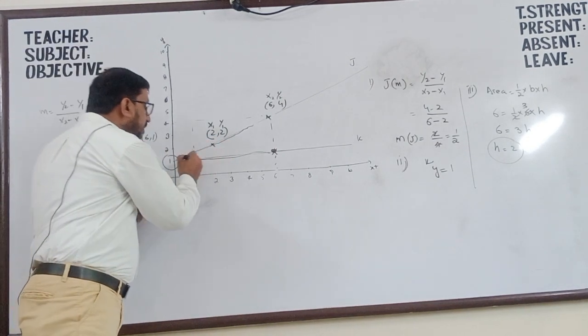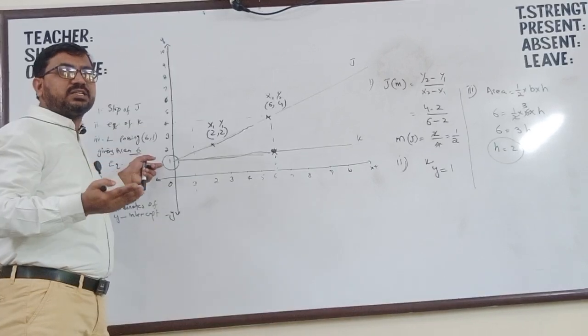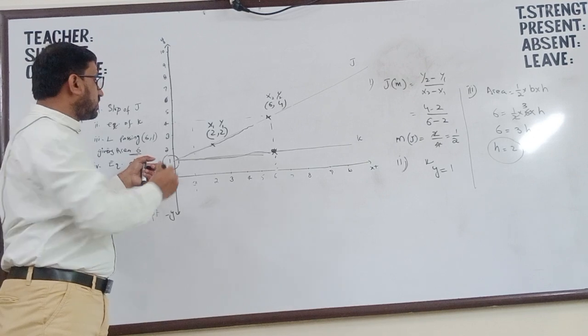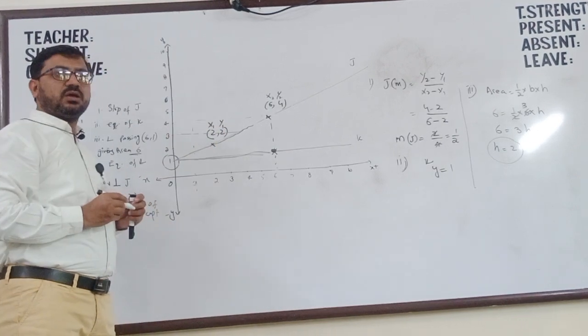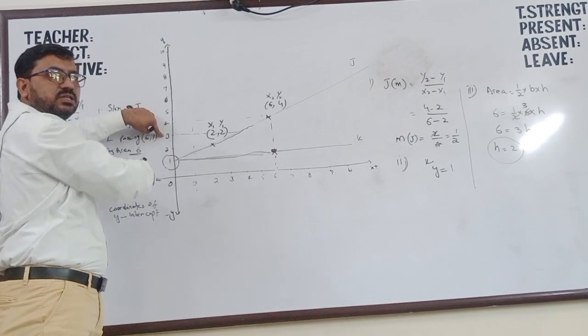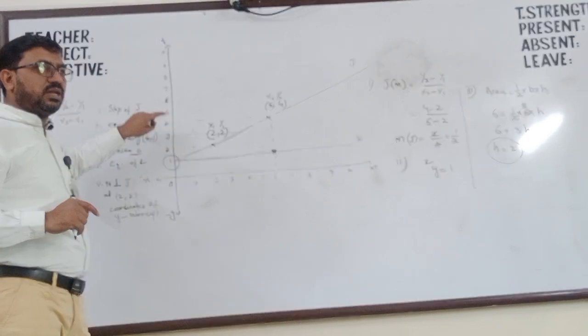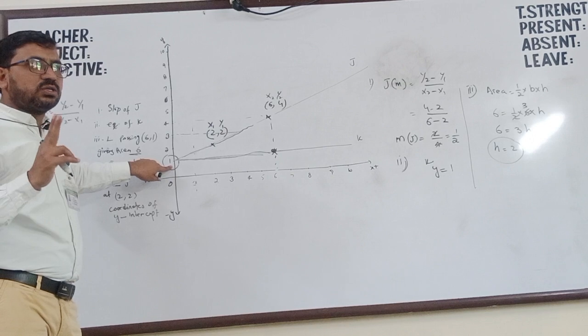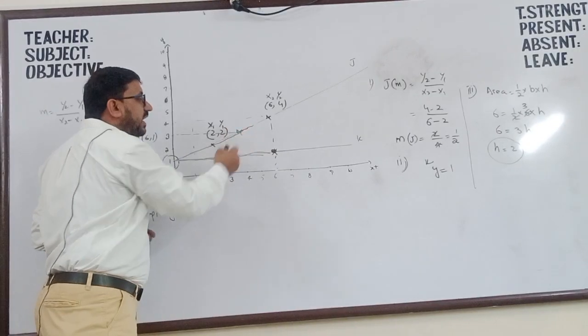As the base is starting from y = 1, if you want height as 2, from which point must it be crossed? It must be crossed from y = 3. Starting from 1, ending at 3, what is the height? 3 minus 1 is equal to 2. So I'm going to take the height of the triangle, that would be the second point for the triangle.